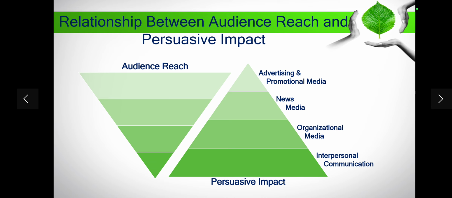And remember, your selection of tactics will depend on the strategy you have selected, and the strategy is also based on your goals and objectives. So that is how it is connected.